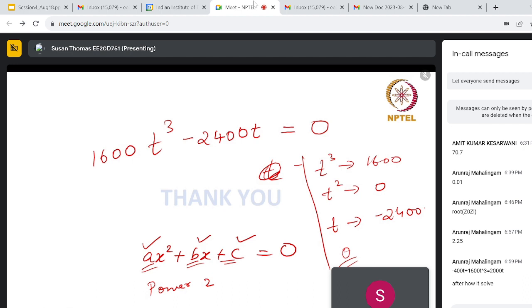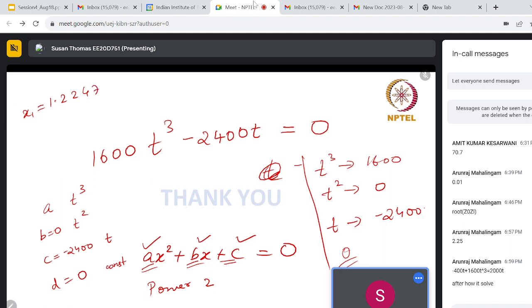Degree 3, I selected, madam. So what are the inputs? They are asking A value is 1600, B value 0, C value minus 2400, D value constant 0. Then I get x1 which is equal to 1.2247.